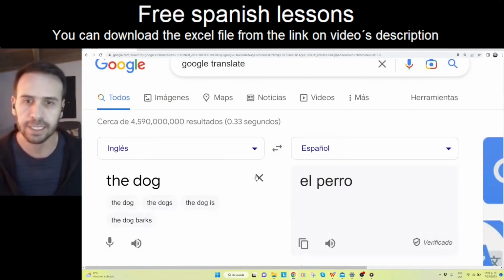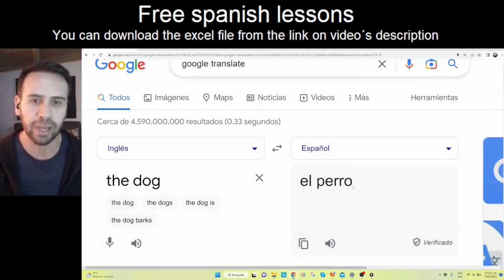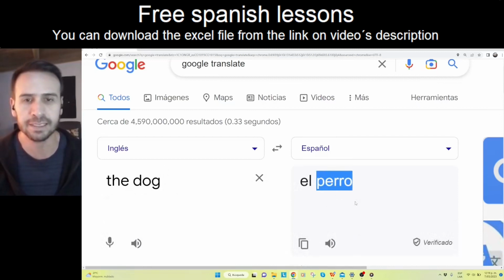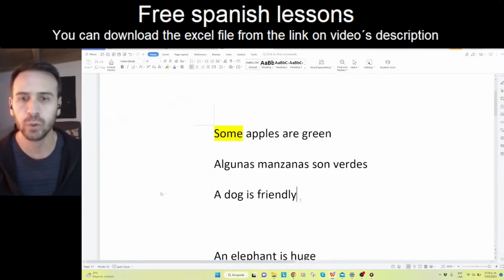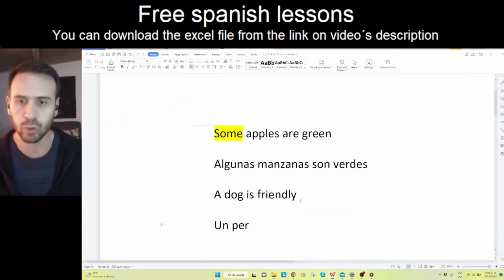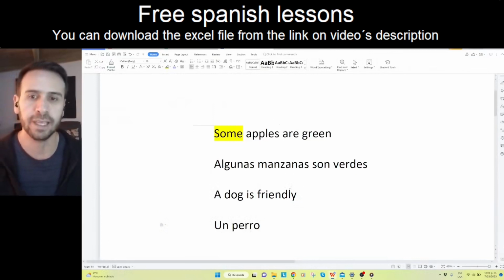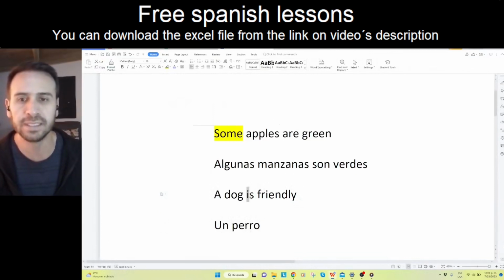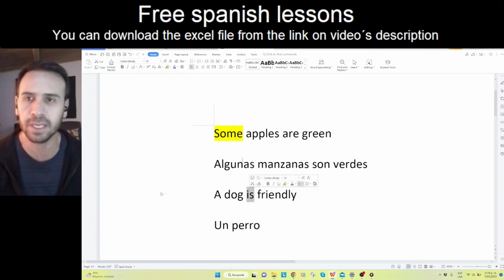The dog, and they say el perro. So we know that this noun is male. So we use un perro. Then we need to find out which is the form of the verb to be.